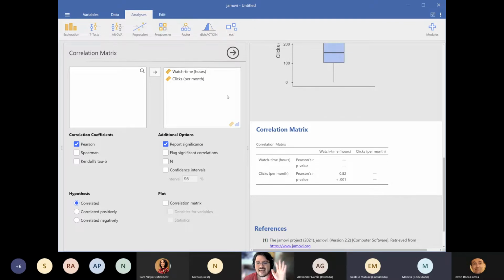And the p-value is the probability of that being true given the observations that you have seen. Our observations are watch time and clicks. We have a Pearson's R, that is our observation.